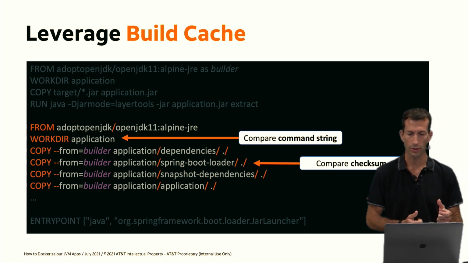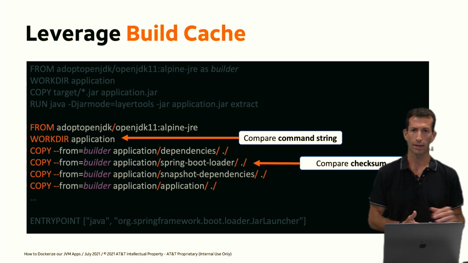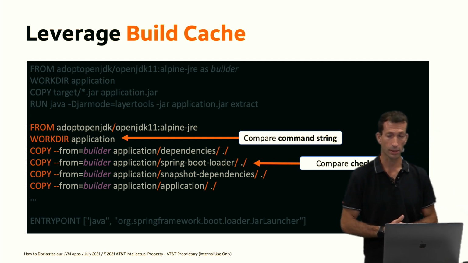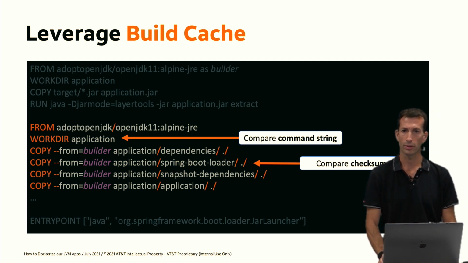If those changed, then Docker will invalidate that cache and do the instruction again. If it hasn't changed, checksum is the same, it uses the cache. This is very, very effective, and we'll see how Docker uses it in a bit.